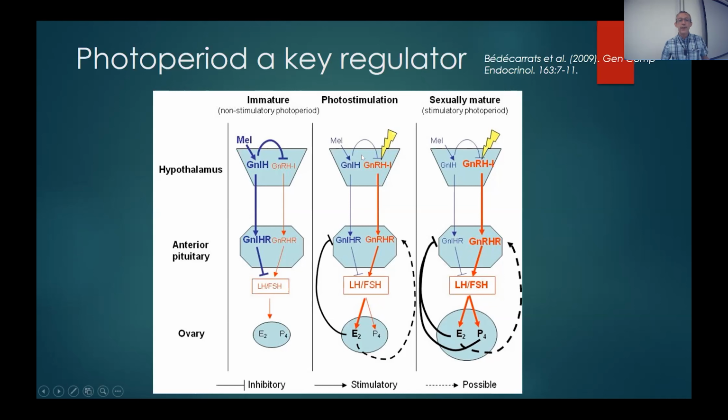So during that transition, now we lift the brake, press the accelerator, and that triggers the initiation of reproduction. And eventually, that bird will be fully mature with a fully functional ovary and will have the successive ovulations or daily egg production.